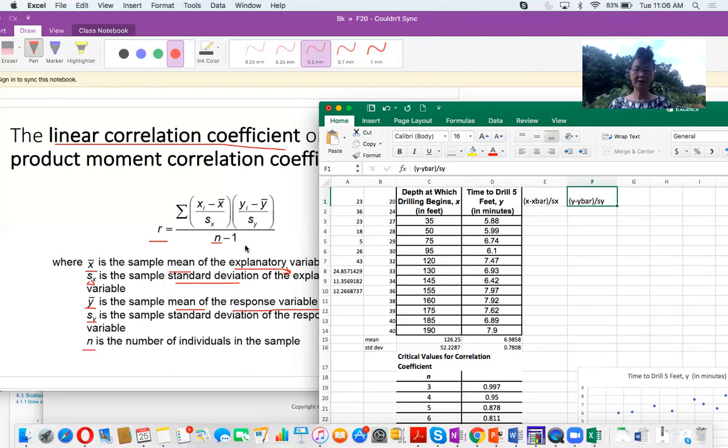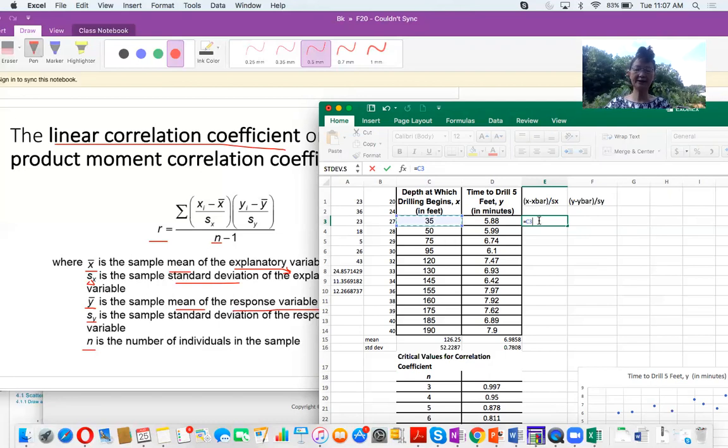All right, you ready? So equal X minus X bar. This is my X. I use cell reference because I want to copy down the formula. Next time X becomes 50. Next time X becomes 75. So X is changing. That's why I use cell reference.